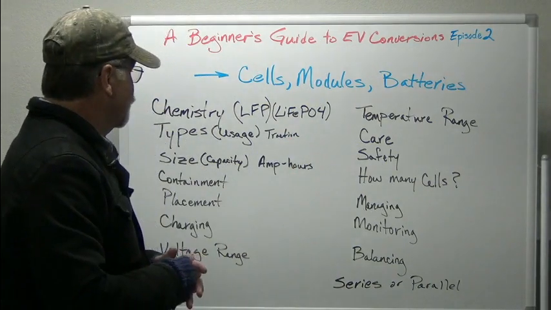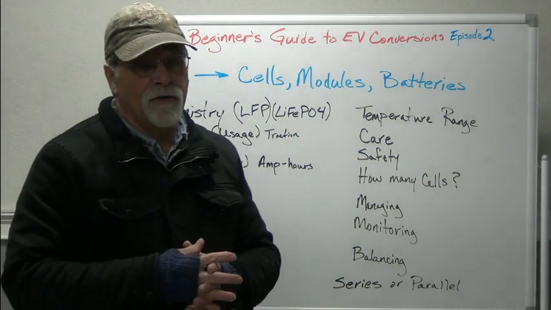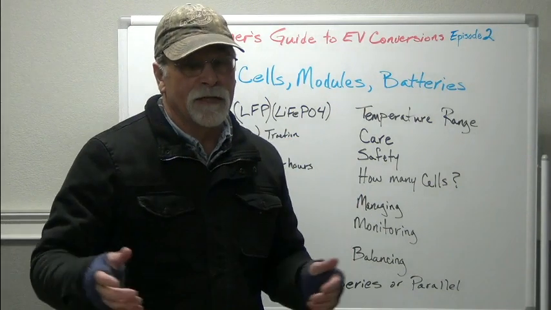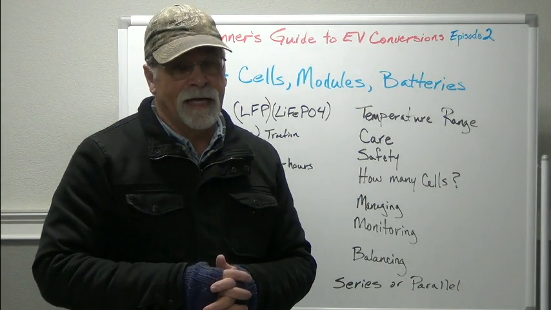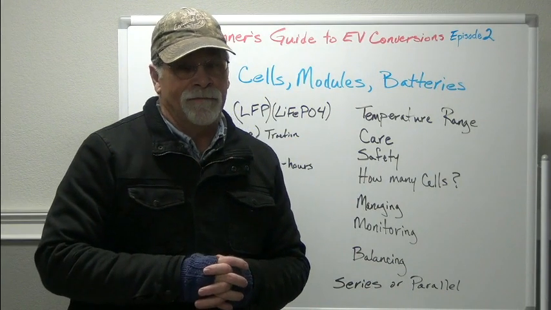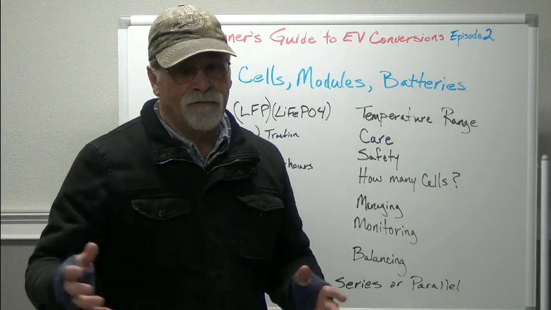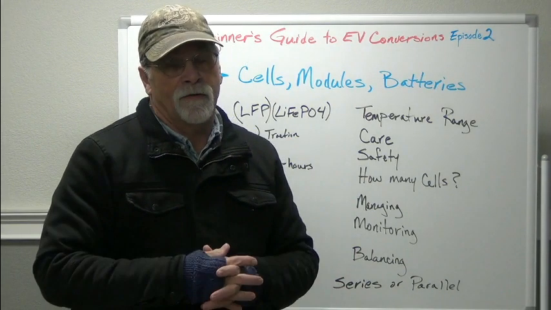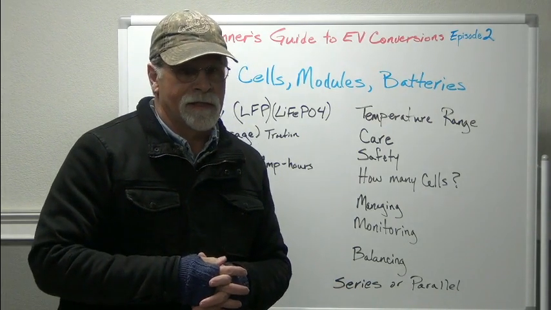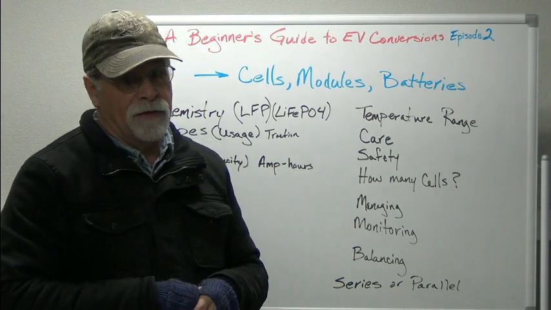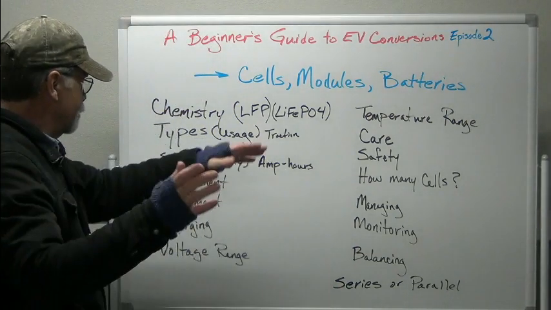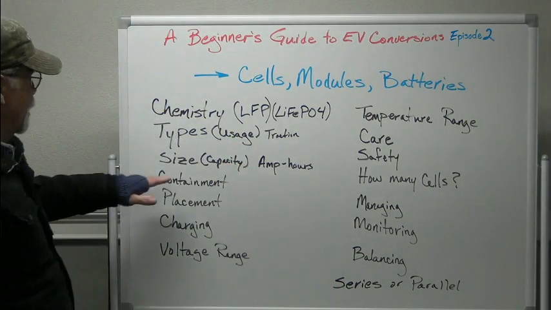I do get quite a few questions from people: is this appropriate to use? Like I said, you look at the specs, no, not even close. No way you're going to be able to cruise down the freeway or accelerate with the current limitations that some of these prepackaged lithium batteries offer. So, more than enough said there.